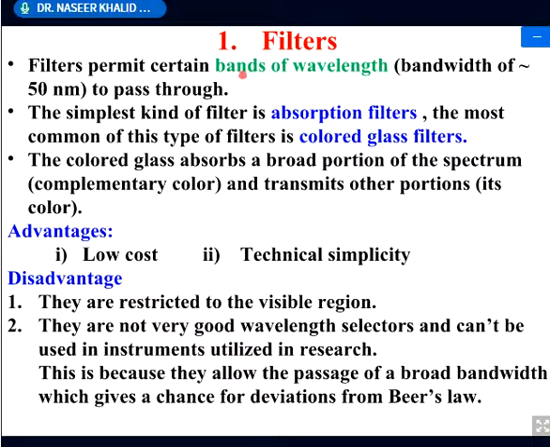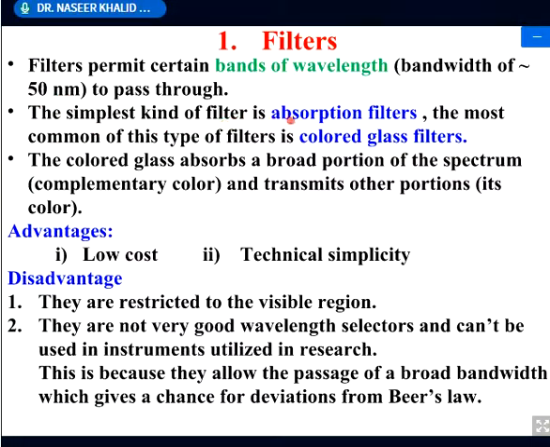When we say blue colored glass, it means that it is a blue filter. Yellow, it is a yellow filter. If it is a green glass, it allows green light to pass through. Green light does not have a single wavelength, but approximately a bandwidth of 50 nanometer.